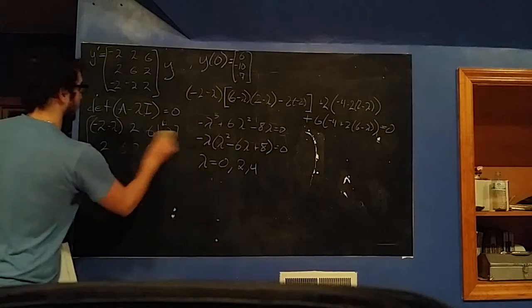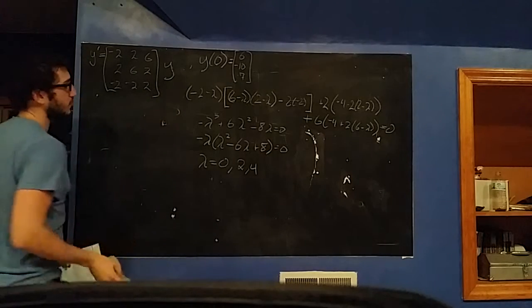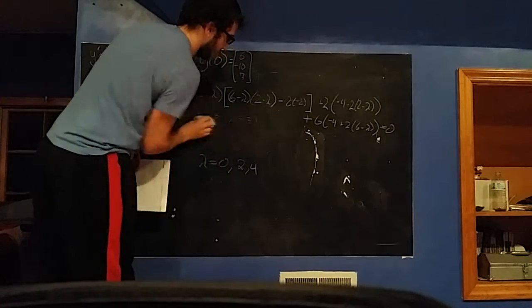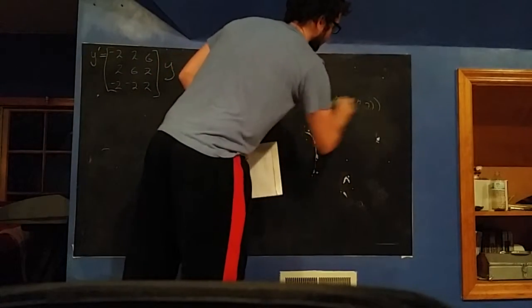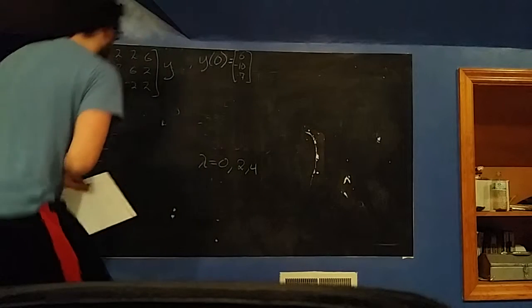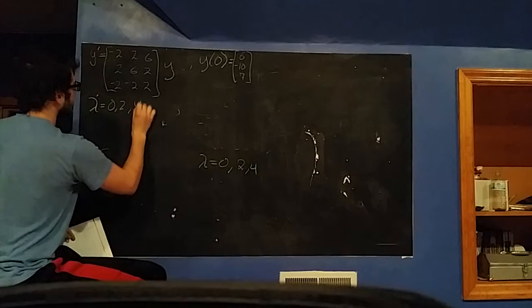With those eigenvalues, we can now find our k-vectors. I'll write these eigenvalues up here: 2, 0, and 4.